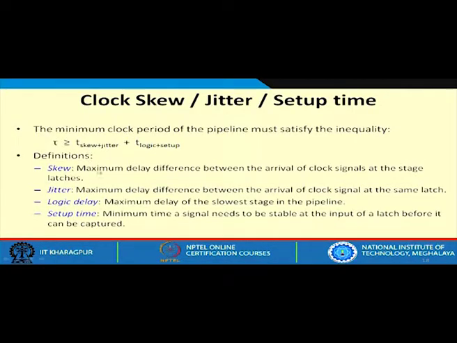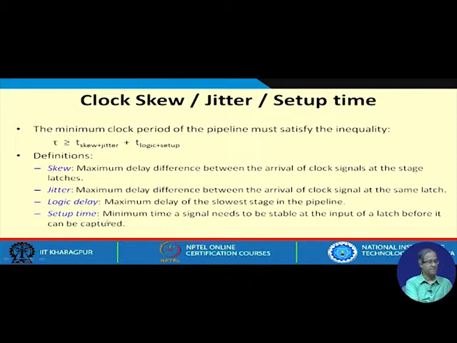So, skew is the maximum delay difference between the arrival of the clock signal at the stage latches, and jitter denotes the maximum delay difference between the arrival of the clock signal at the same latch. Designers always try to lay out the clock signal in such a way that skew and jitter are minimized, but still there will be a worst case value here. T logic is the logic delay, which is the maximum delay of the slowest stage in the pipeline, and setup time involves the delay of the latch actually.